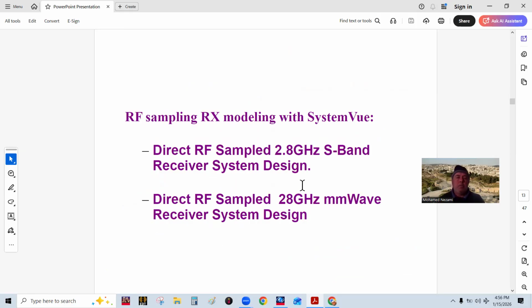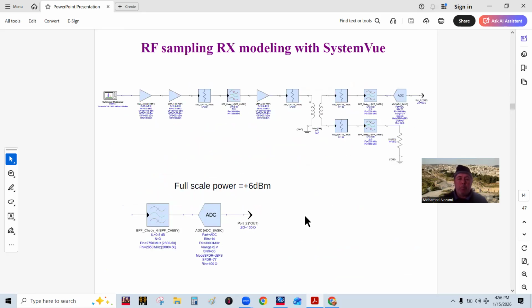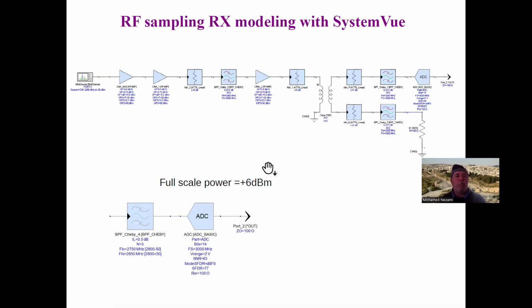All right, so for right now, let's go in system view, and we're going to do these two systems in here, okay, and you can see them in here. Let me, I forgot to put this in full mode. Okay, so we have 2800 megahertz, and we're trying to have an ADC with this specification here, 14 bits.